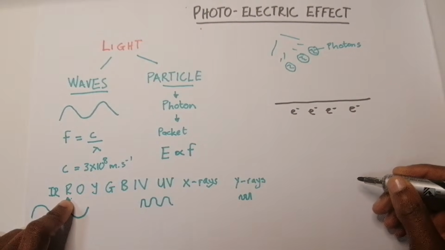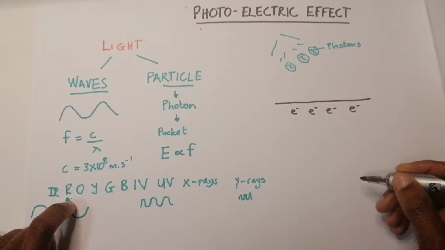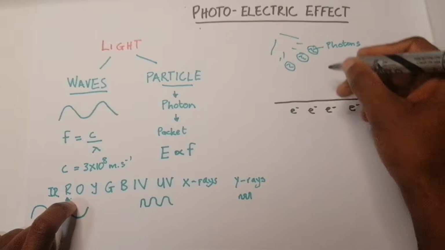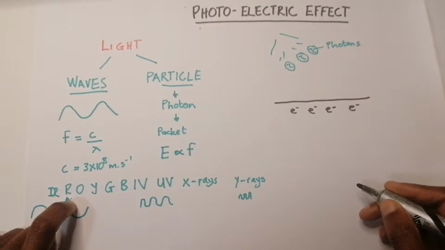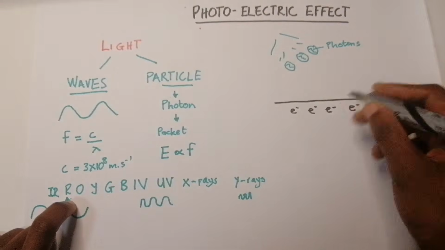Okay, so in this case, if I use a light that has lesser energy than what is required to emit these electrons, those electrons will not move.